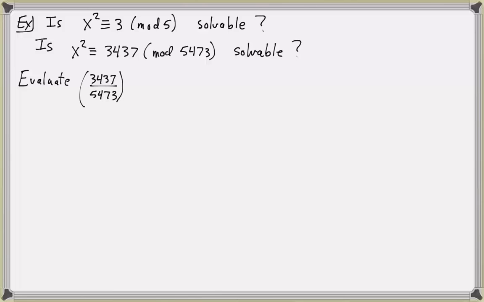So just as a note, 5,473 is prime and moreover it's congruent to 1 mod 4. That's useful. So 5,473 is 1 more than a multiple of 4.